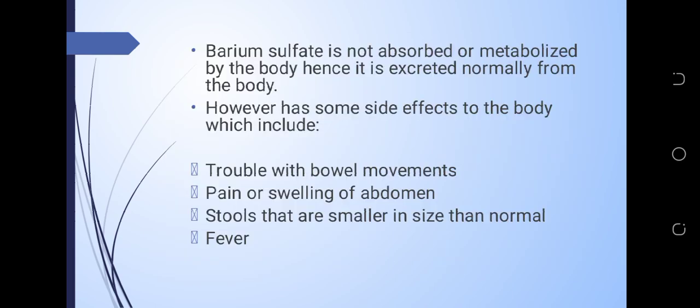Barium is not absorbed or metabolized by the body, hence it is excreted normally from the body. However, it has some side effects, which may include trouble with bowel movements, pain or swelling of the abdomen, stools that are smaller in size, and a fever.